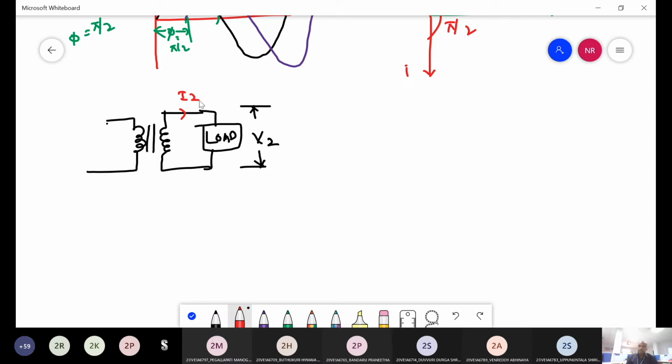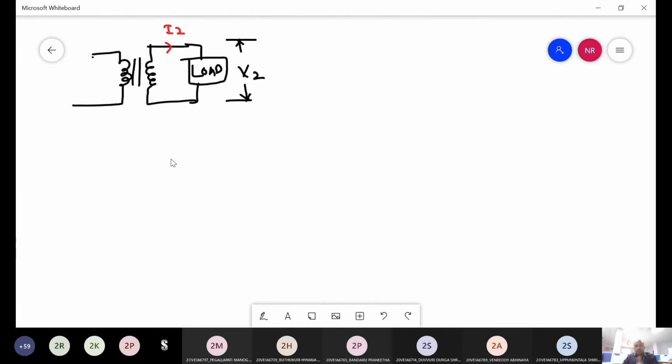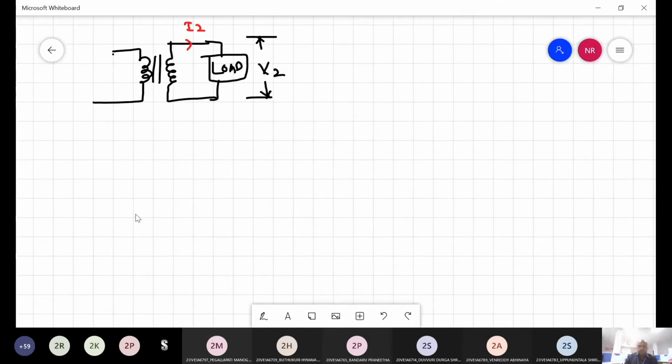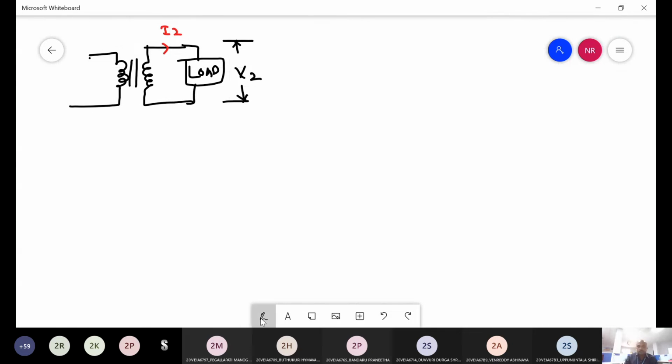So initially first we have to draw the transformer with no load. No load దగ్గర ట్రాన్స్ఫార్మర్ ఎలా ఉంటుందని. సో దెన్ V2 as the reference, right?